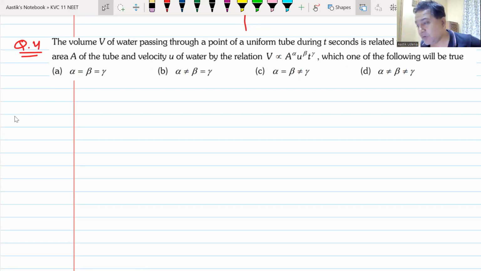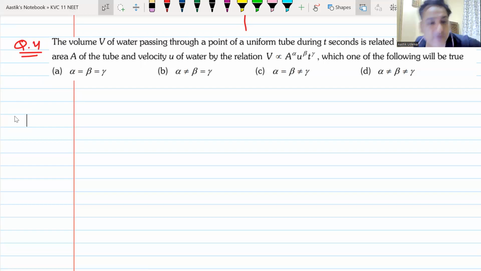Volume of water flowing through a tube will come in the chapter on fluids, which will come way ahead. Similarly, time period of pendulum will come in SHM, time period of satellite will come in gravitation, and centripetal force is going to come in circular dynamics. This will come last of this.